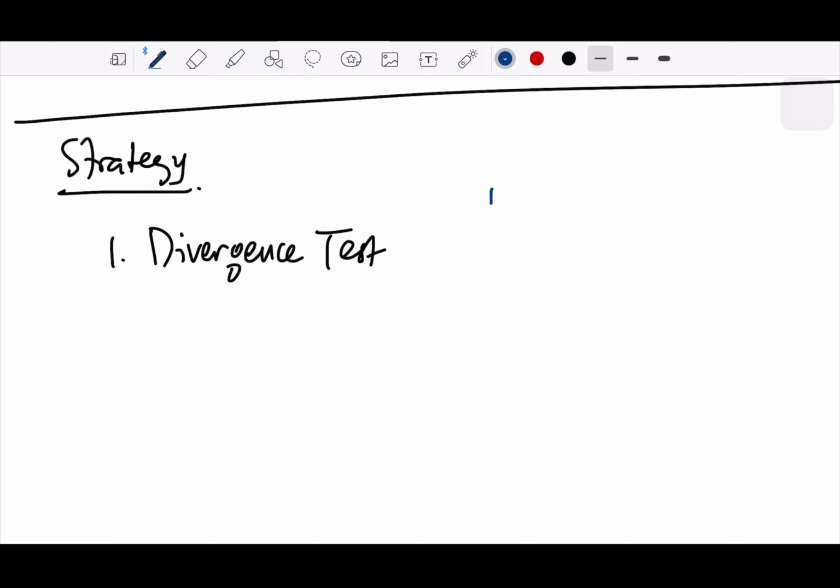So check the limit of the sequence, and whenever you find it is not zero or doesn't exist, then you can stop and conclude that it diverges.